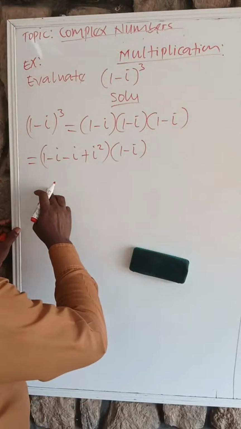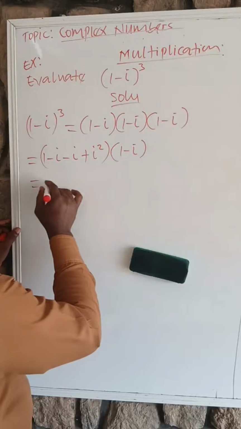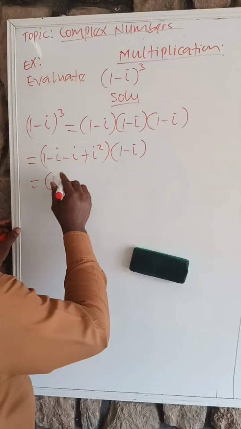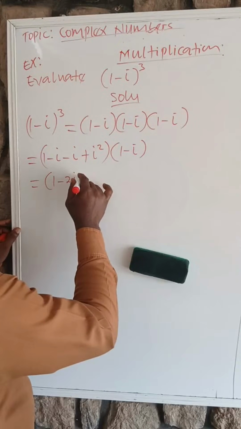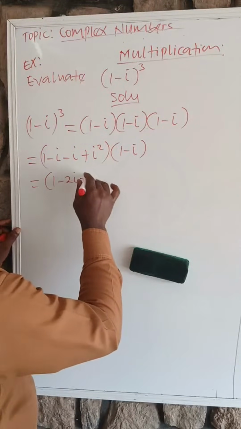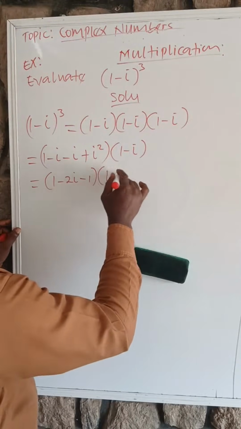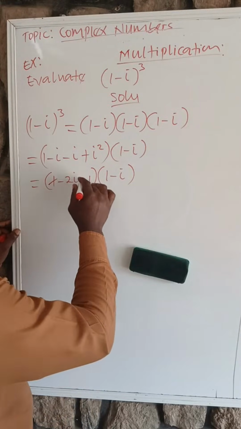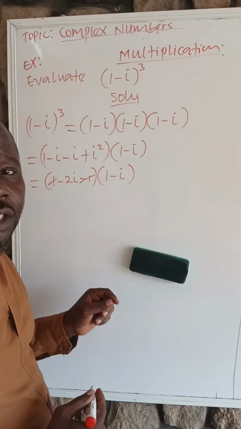Then here equals 1 minus i minus i, which is minus 2i. Then i squared is minus 1, so we have 1 minus 1. Then this and this will go. True or false?